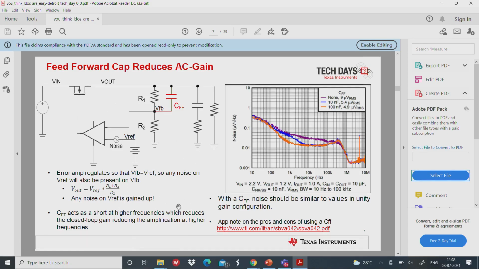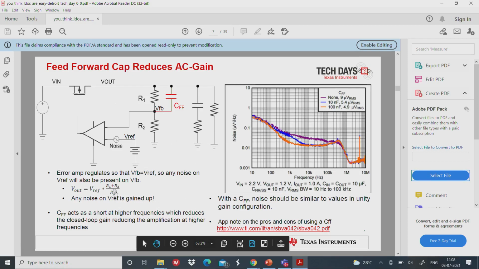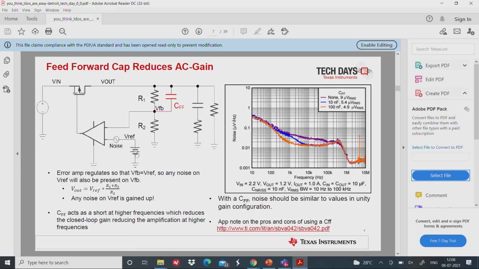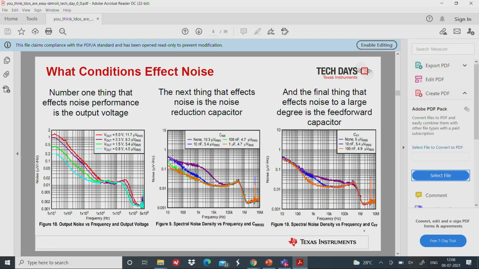Any noise on Vref is gained up. So if you mess up the Vref of an LDO, again you are going to have trouble. So your own Vref should be extremely stable, and if the output is connected to the Vref of an ADC, even that is going to be troublesome. So be careful with output voltages, it is extremely important to keep them under low noise conditions.